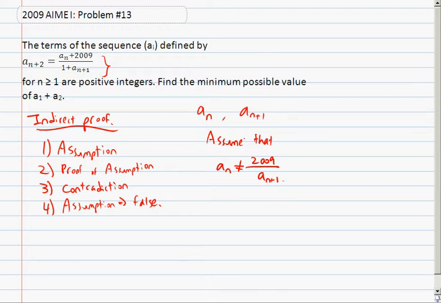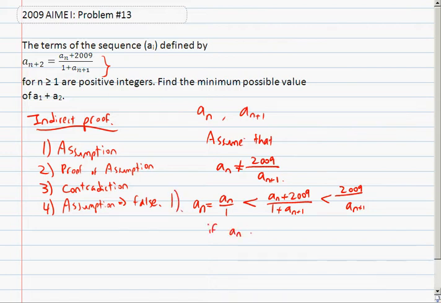So, if we assume this statement, we must conclude that a sub n, which is equal to a sub n over 1, is less than a sub n plus 2009 all over 1 plus a sub n plus 1, which is less than 2009 over a sub n plus 1. This case here is if a sub n is less than 2009 over a sub n plus 1, or a sub n times a sub n plus 1 is less than 2009.